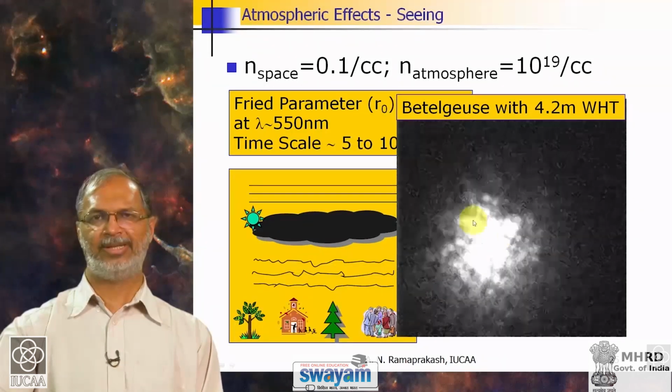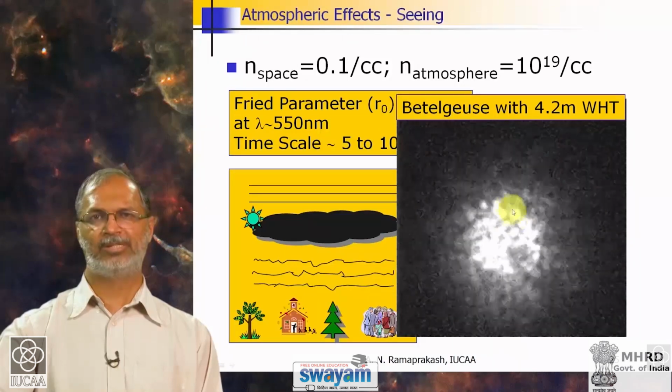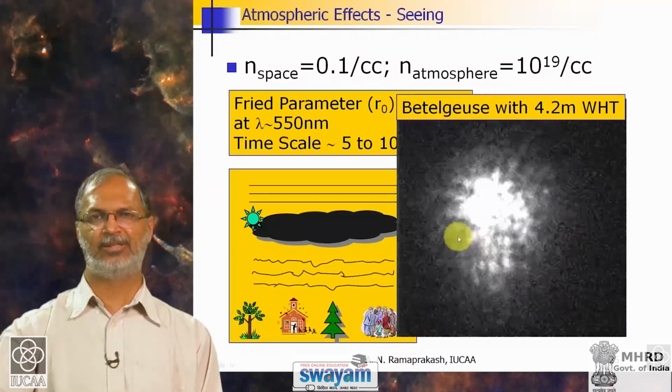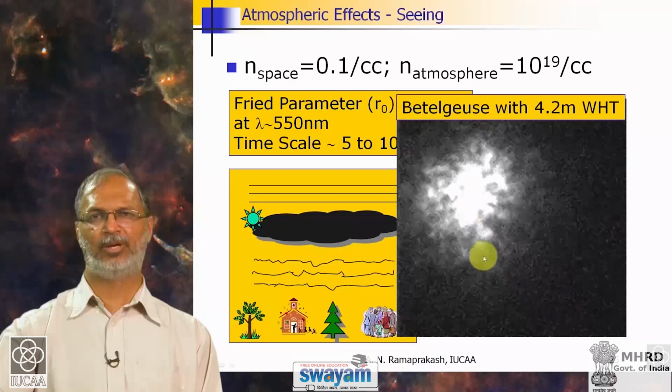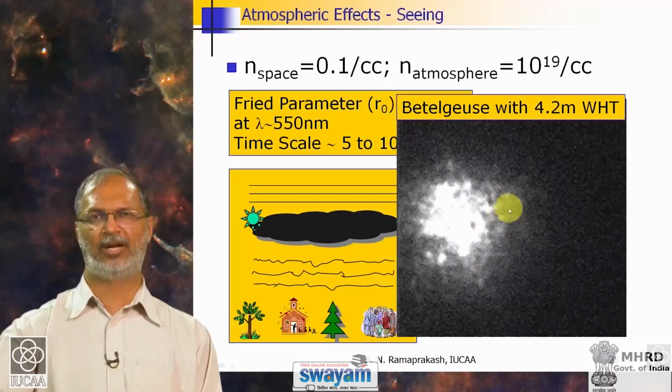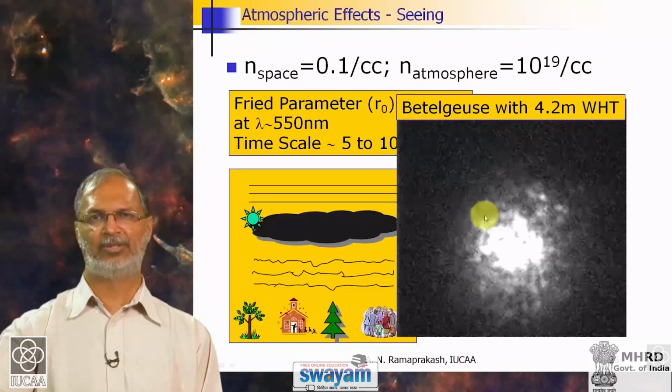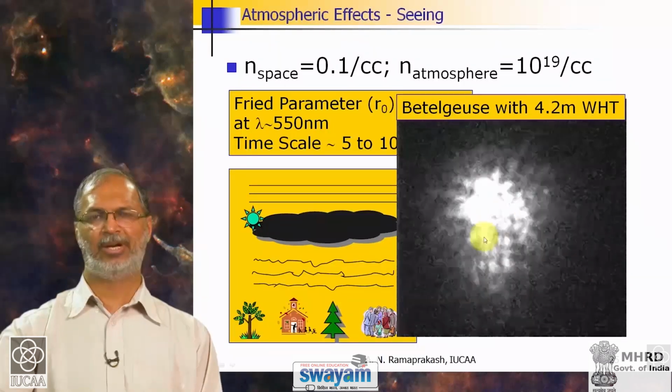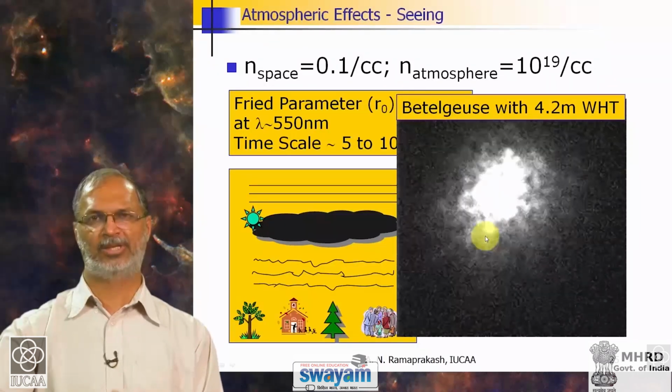At each instant you can see that the light has been split up into a large number of tiny blobs of light, which all stay together, but there is a lot of substructure in the image.